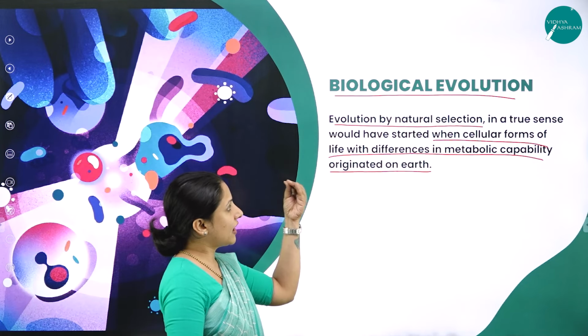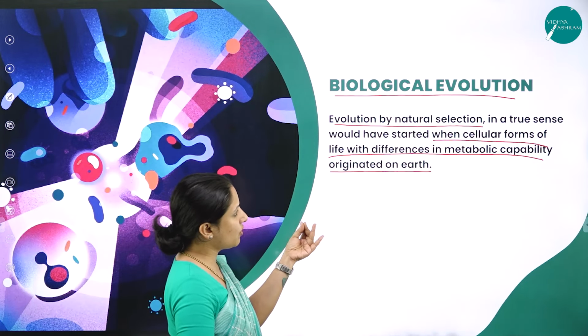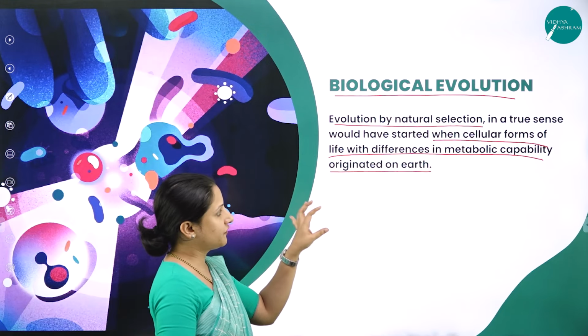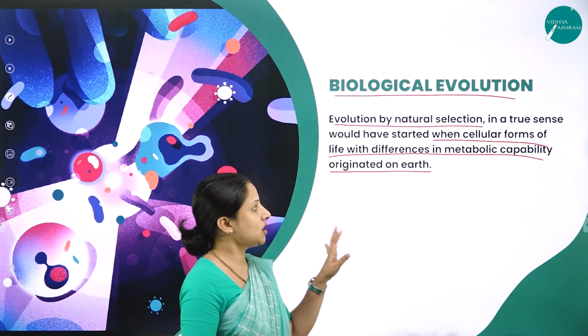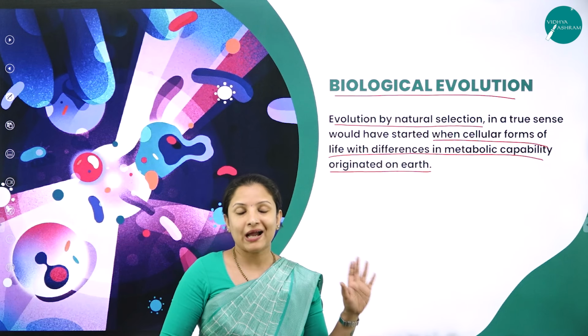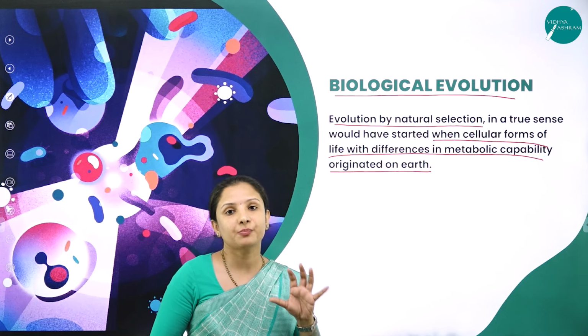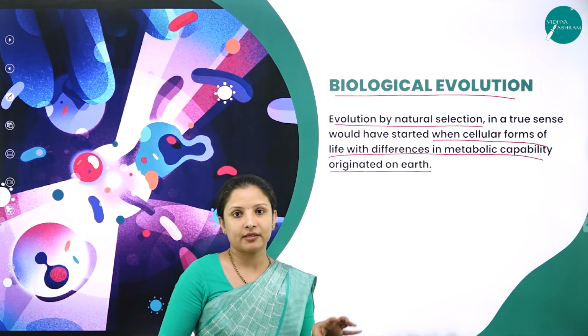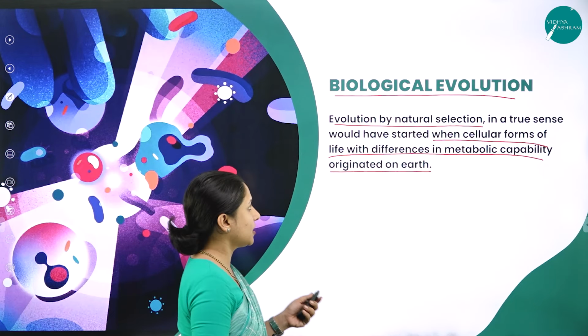Therefore, natural selection also might have started when cellular forms of life with differences in metabolic capability originated on the Earth, and in there also it was selected by nature. The organisms which need to survive on the planet were selected by nature itself.